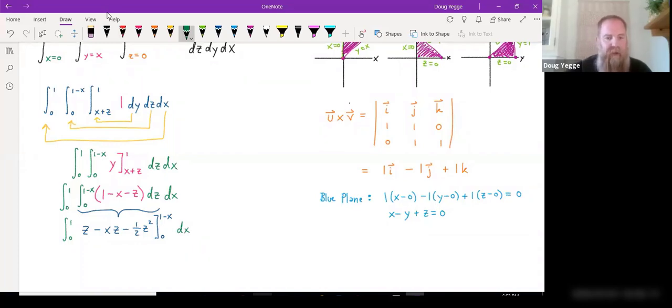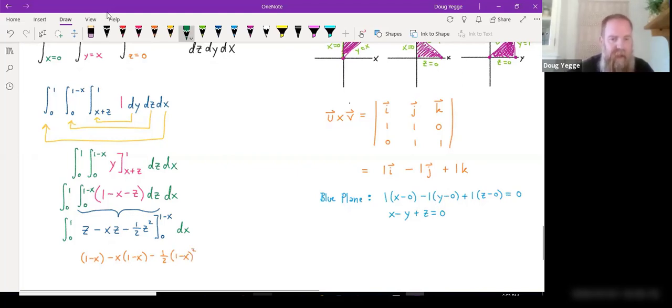So let's plug this in. If I plug in 0 for all the z's, then that's going to cancel out each of the terms. So all I'm left with right here is going to be 1 minus x times 1 minus x minus 1/2 times 1 minus x squared.